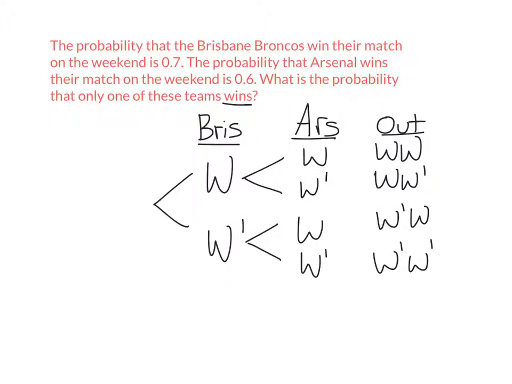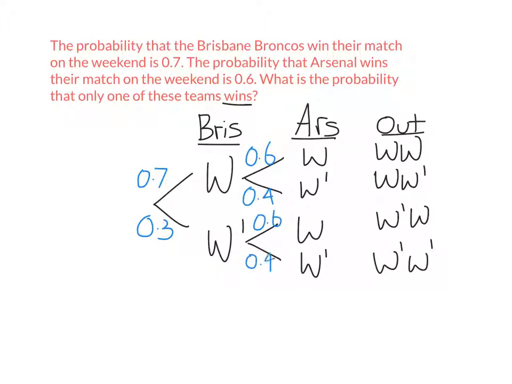So once again, these outcomes are not equally likely, so I need to put the probabilities on the branches. For the Broncos, there's a 0.7 chance they win, so that means there's a 0.3 probability they don't win. For Arsenal, the probability they win was 0.6, so it's 0.4 that they don't win.